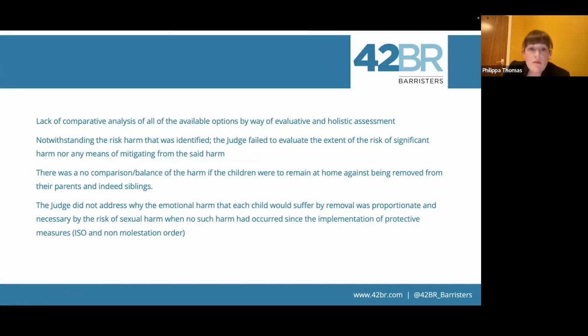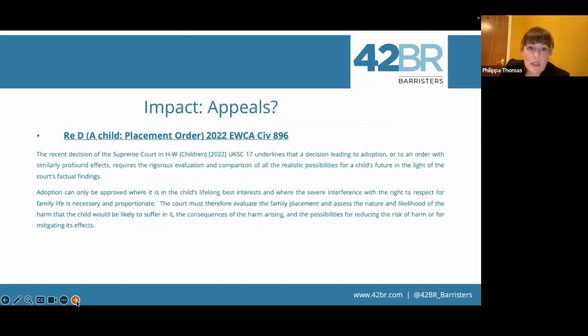And the judge didn't address why the emotional harm that each of those individual children would suffer by removal was proportionate and necessary to the risk of sexual harm, when no such harm had occurred since the implementation of the protective measures, the ISO and the non-molestation order that had been made in 2020. And so in considering all of those issues, ultimately the Supreme Court said that the judge needed to rehear the matter.